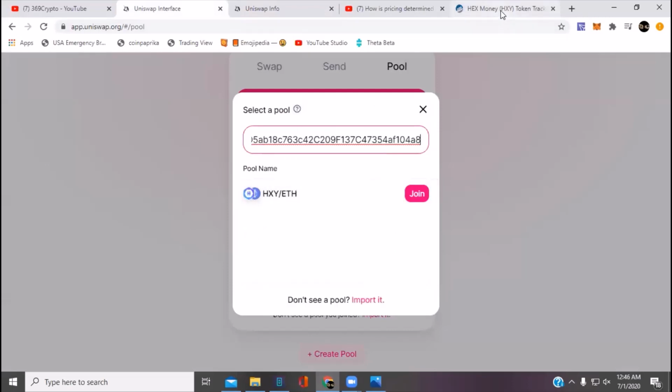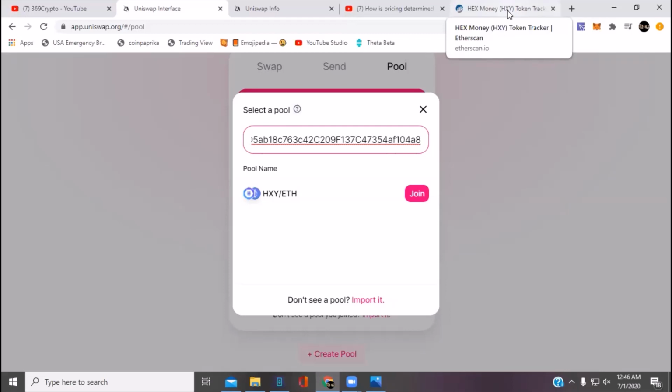Hexy to ETH. Double check that. Always double check your contract address. If you want to front run a token out there, hopefully you talk to the right guy in some back alley or whatever. You heard that there's going to be a token launch and you want to get ahead of it. That's cool, but make sure you check the address when you're doing any transactions, especially with a newer token out there.